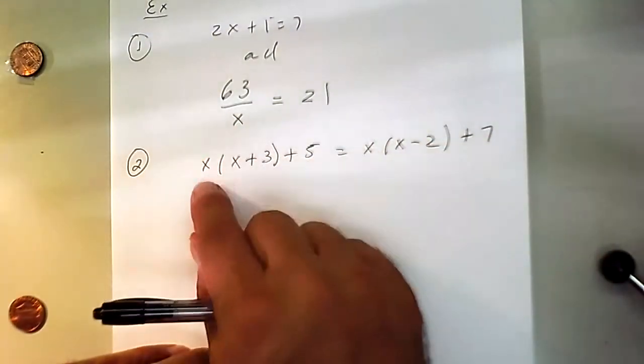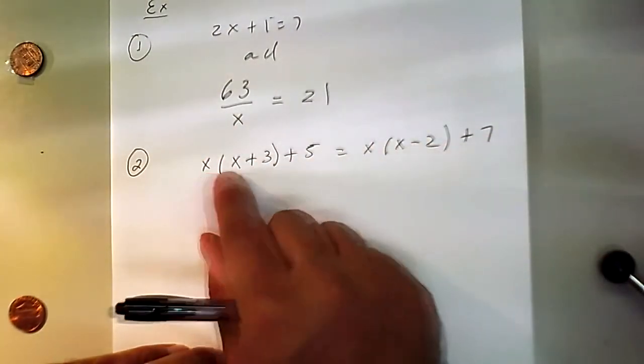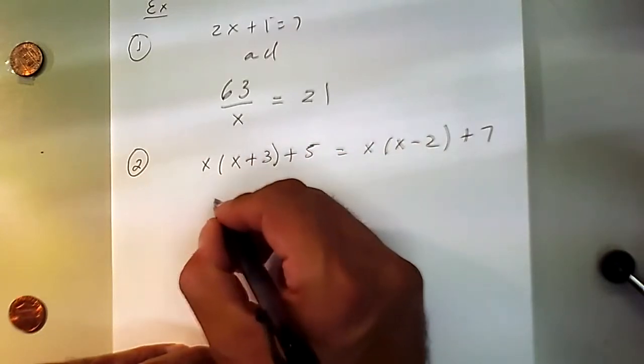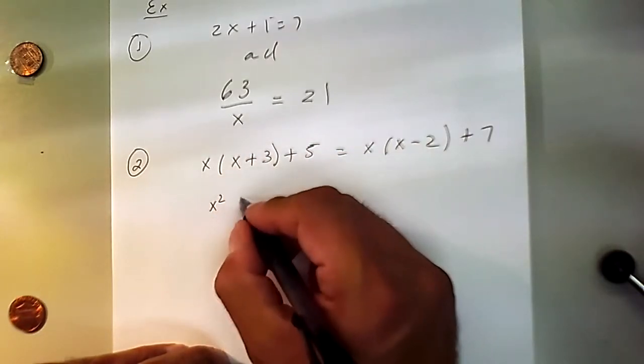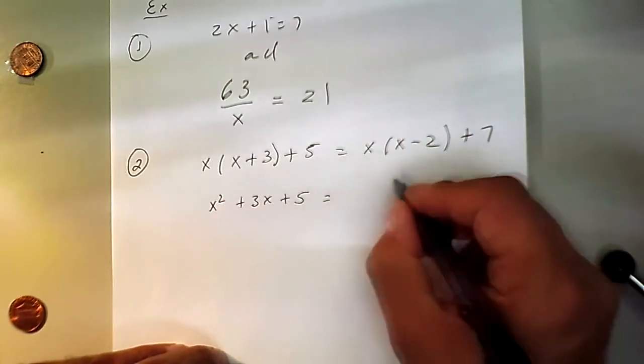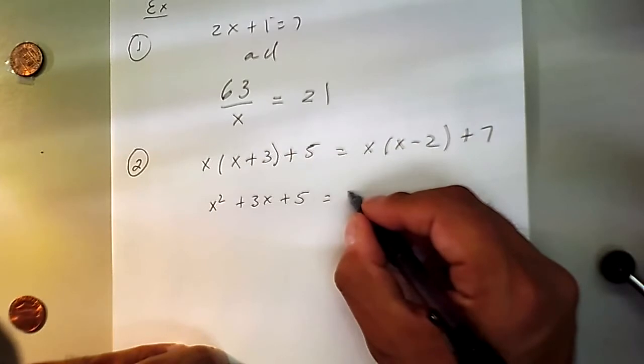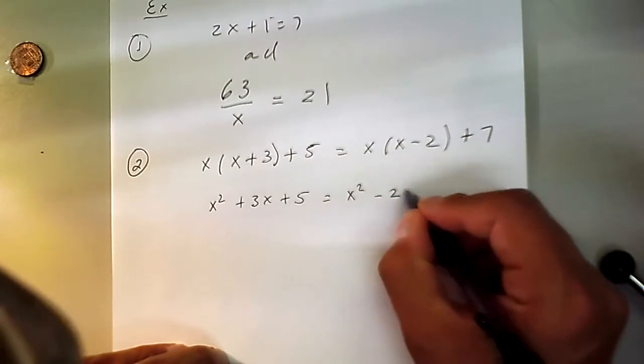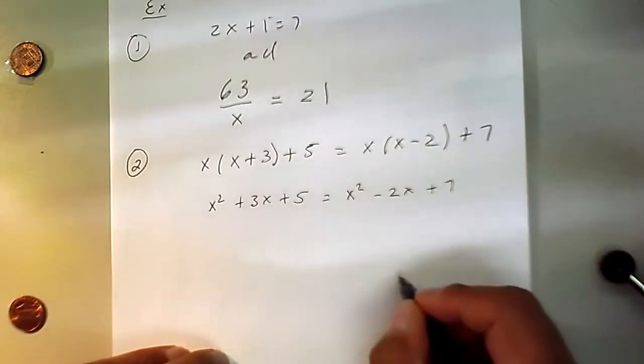Now, let's distribute the x. So this is equivalent to x squared plus 3x plus 5 on the left side, and on the right side, we have x squared minus 2x plus 7.